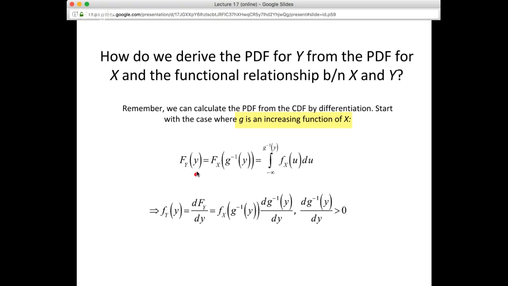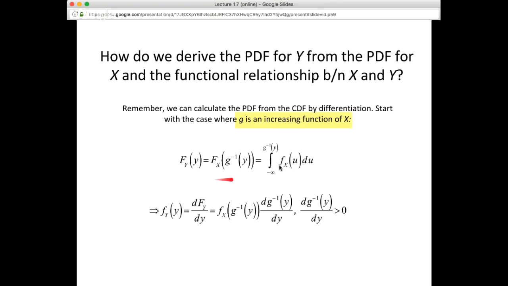I've rewritten what that looks like in the case where g is an increasing function of x. The CDF for y evaluated at little y is the CDF for x evaluated at g inverse of y. By definition, this equals the integral from minus infinity to the upper limit g inverse of y of our PDF for x, f of x of u du, where u is just the dummy variable.